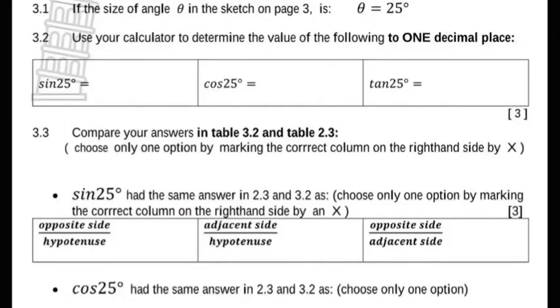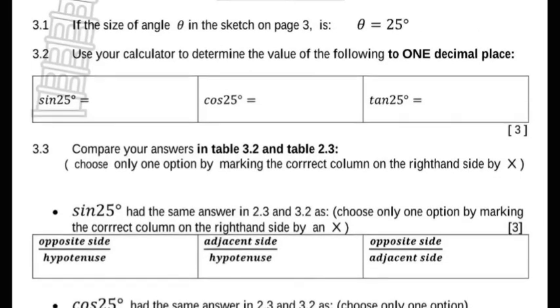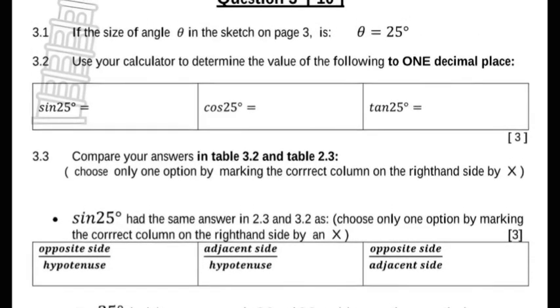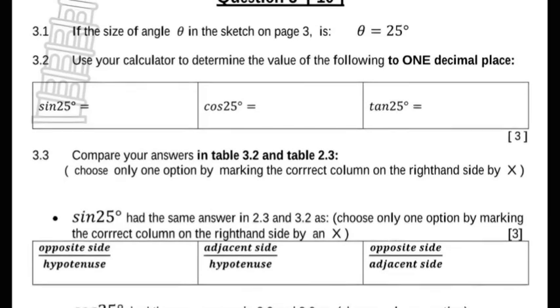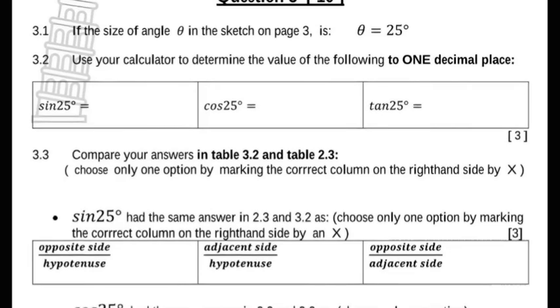So 3.2 says, use your calculator to determine the value of the following to one decimal place. The first thing they want is sine 25. Now you're going to do this on your calculator. You have a button for sine, you're going to press sine. It automatically opens up a bracket. In that bracket, you will put 25 and make sure that you close the bracket, then press equal to.